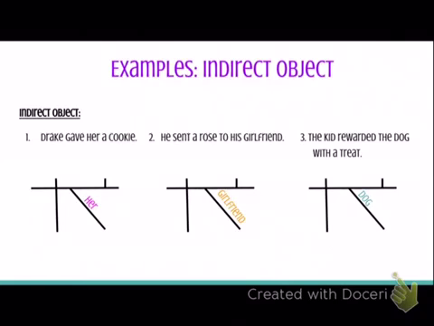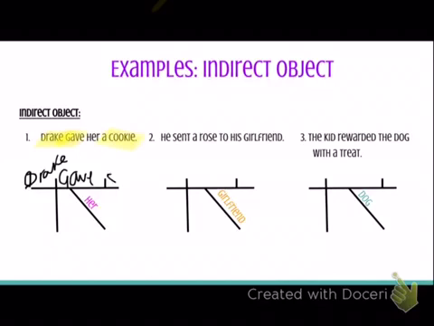Next, examples with indirect objects. So firstly we need to read the sentence. Drake gave her a cookie. What's the verb? Gave. What's the subject? Who gave? Drake. What was given? A cookie.